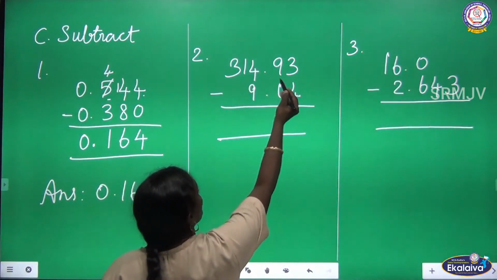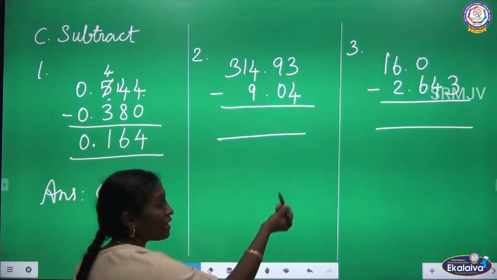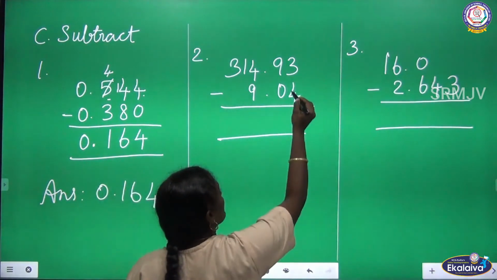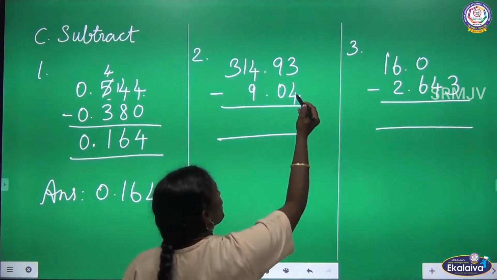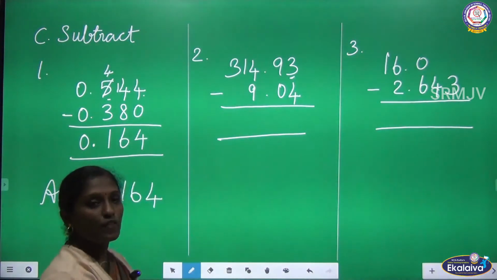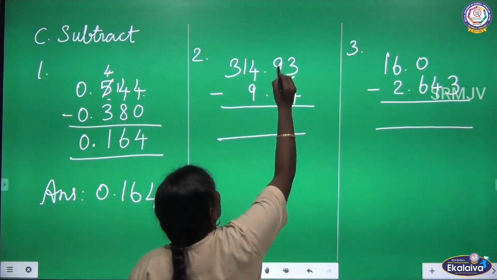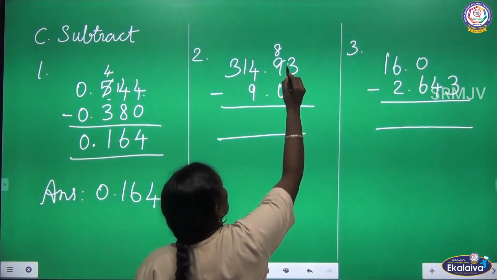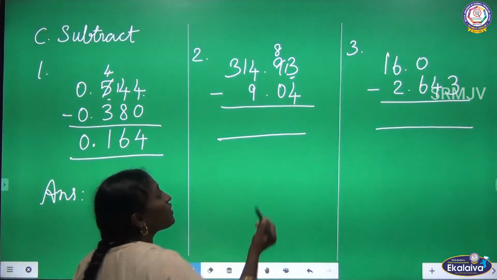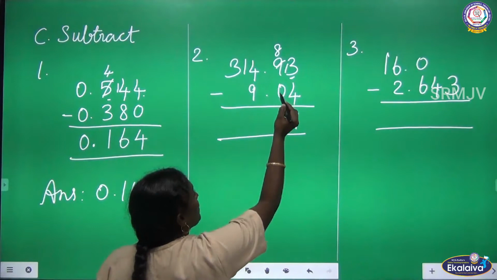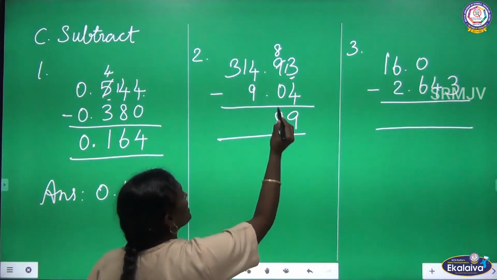The next one. In the first number we are having 2 decimal places. Like that in the second number also 2 decimal places are there. So let us start the subtraction. 3 minus 4. 3 is the smaller number. We can't subtract 4 from 3. So we have to borrow from 9. 9 will become 8. 3 will become 13. 13 minus 4, that is 9. 8 minus 0, that is 8.